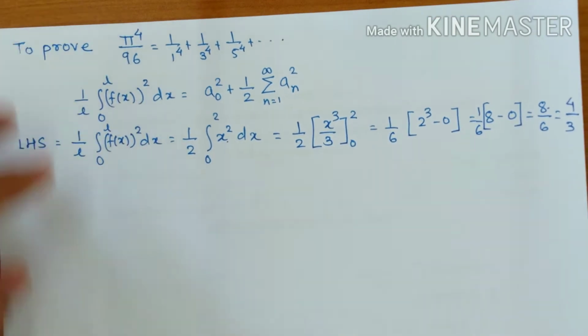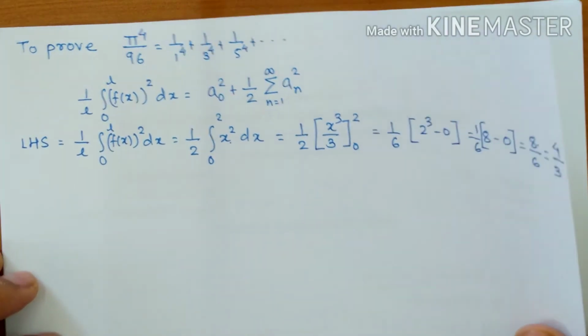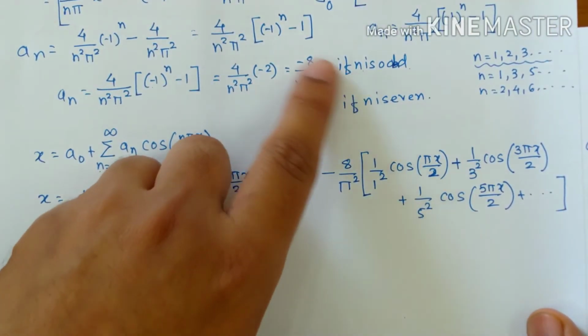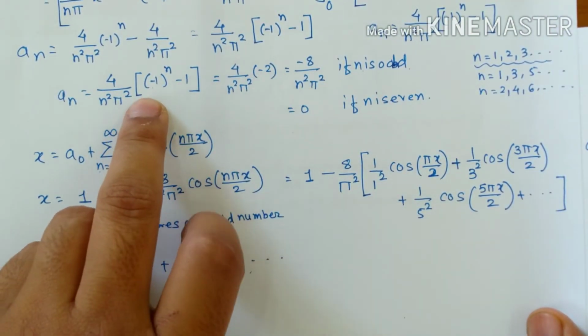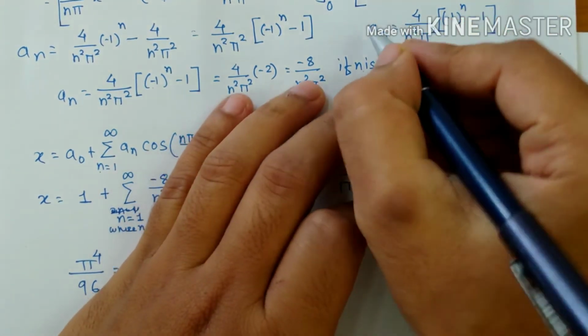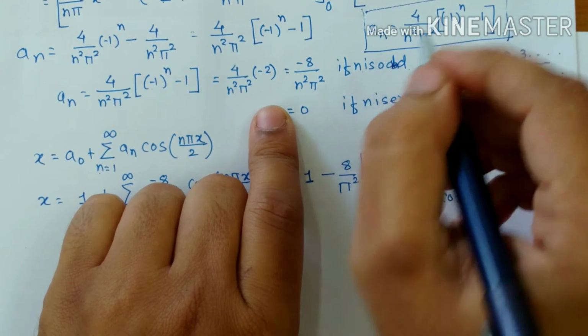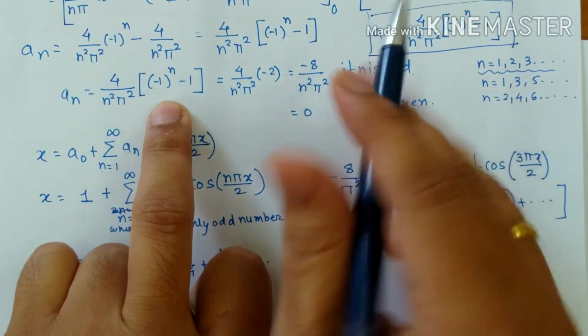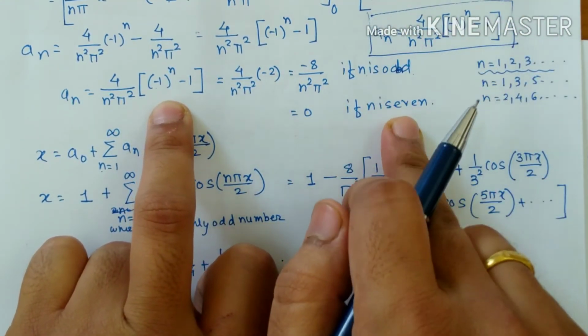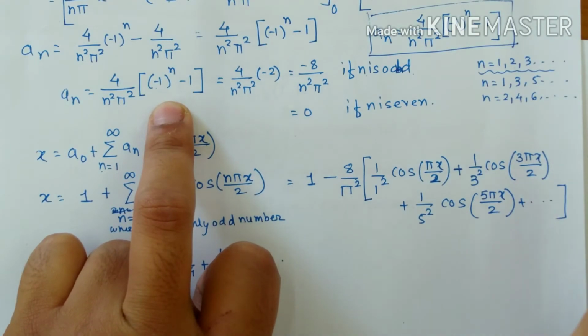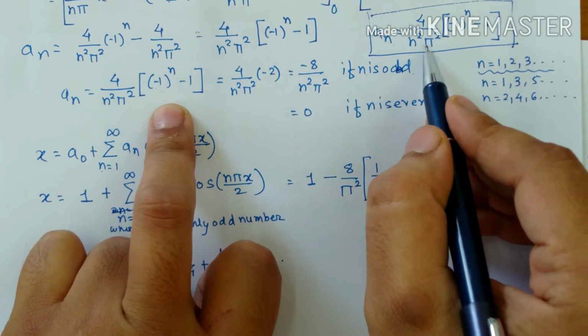Now what I am going to do here is, though we modified the value of an previously, I just like to use the actual value of an which we calculated. See, this value we adjusted according to the value of this bracket, no doubt. This is correct. But while finding the particular deduction, I am just going to use this one.